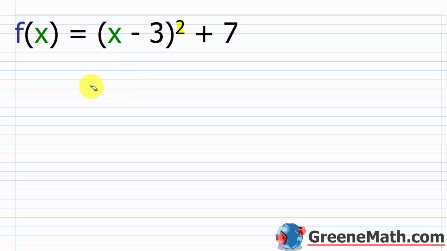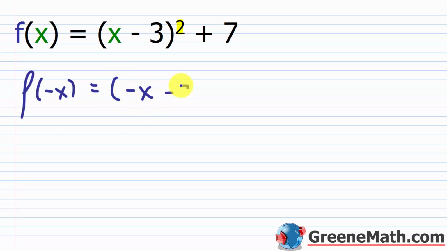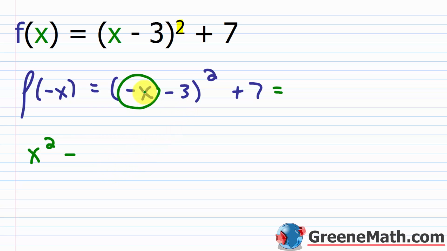So let's go ahead and erase this, and I'll officially do it. So f of negative x is what? Well, I'd have a negative x there minus a 3, quantity squared, plus 7. If I went through and expanded this, I could use my special products formula. This first guy gets squared, so now I've got to square the negative and the x, so that would just be x squared. Then I've got minus 2 times this guy times this guy.